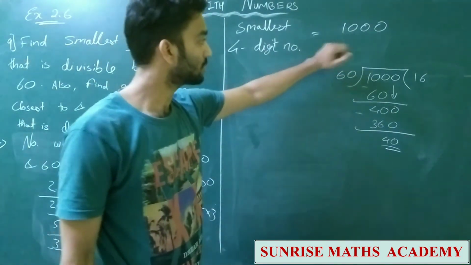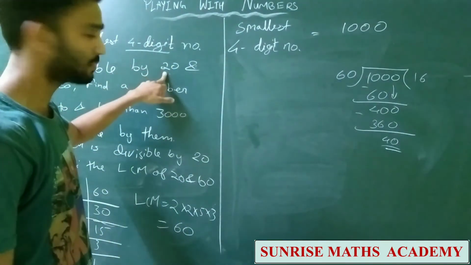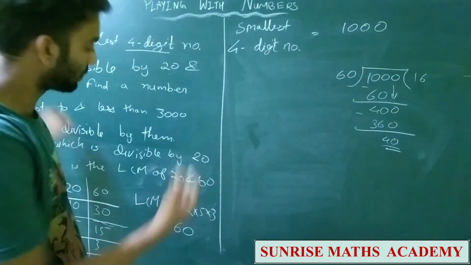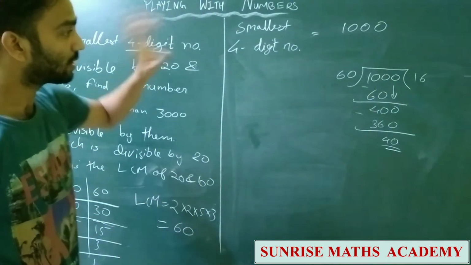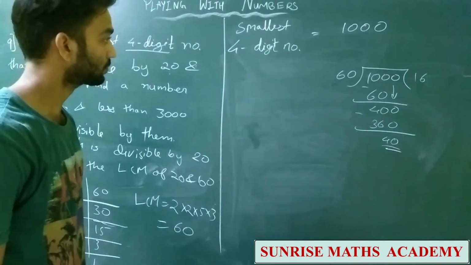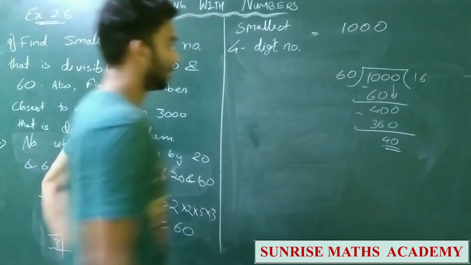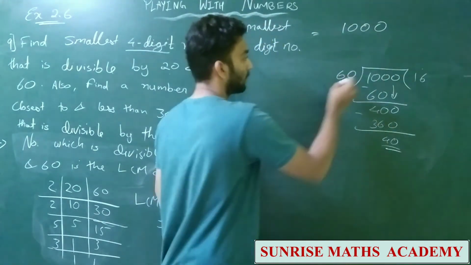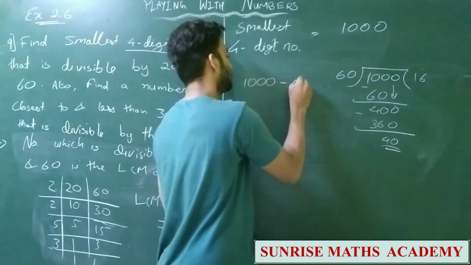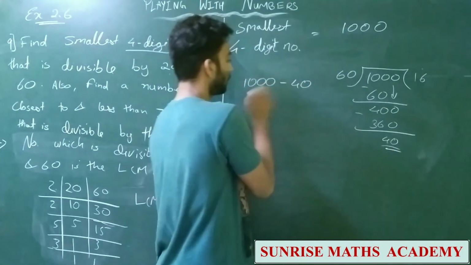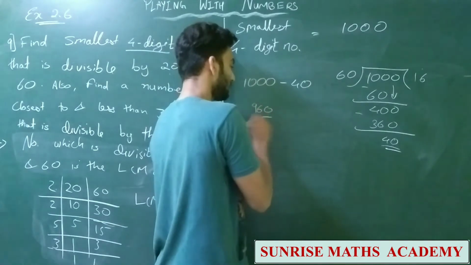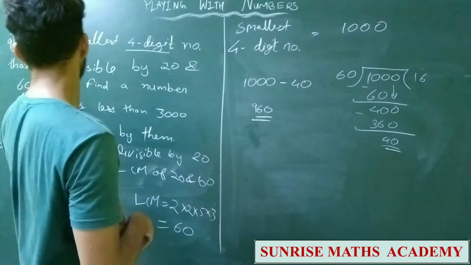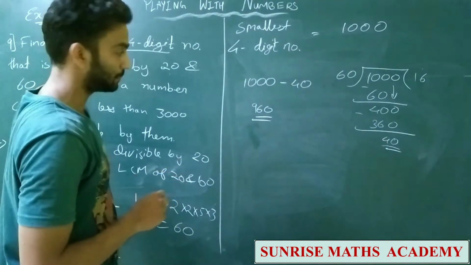So it means that 1000 is not divisible by both these numbers. It is divisible by 20 but it is not divisible by 60, because we have just checked that 60 is the multiple of 20 and 60, and 1000 is not divisible by both these numbers. So what we have to do now is 1000 minus 40. Why? Because this is the remainder. If you remove 40 from that, we get 960. 960 is divisible by 60. Means it is divisible by 20 and it is also divisible by 60.